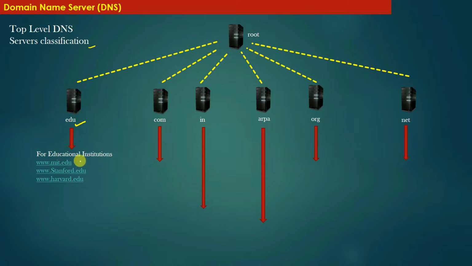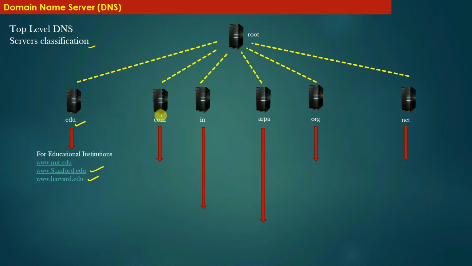For example, www.mit.edu, www.stanford.edu and harvard.edu. All educational websites such as these are recommended to be housed under the edu top level domain name server. So if tomorrow you launch an educational website, you are recommended to purchase the domain name under the edu top level domain name server.